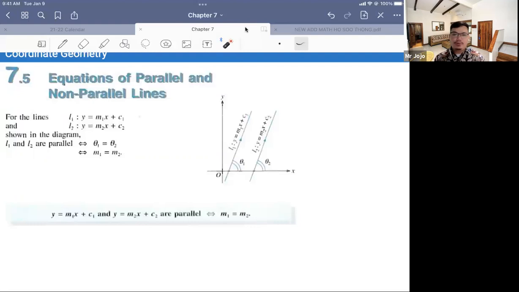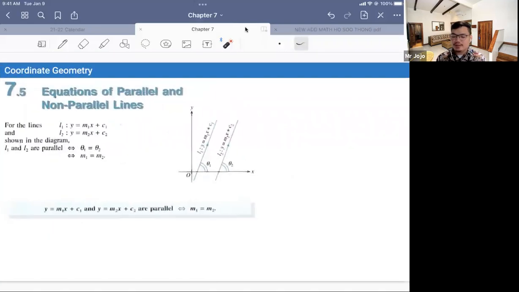Now, when you have two lines that are parallel, their gradients are always equal. All right. Again, their gradients are always equal when two lines are parallel. Remember that. Okay. So the next set of questions are about that. Okay. So let's have this one.